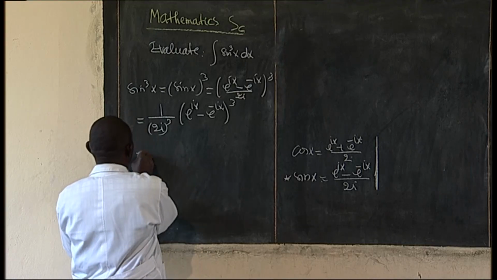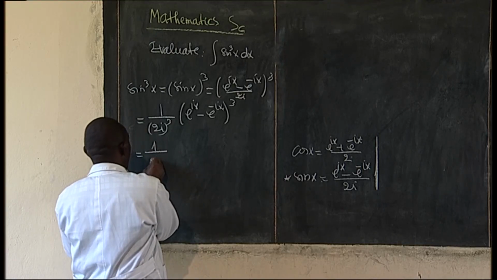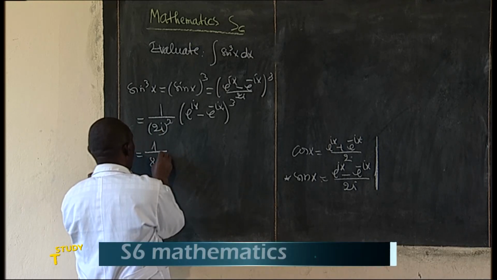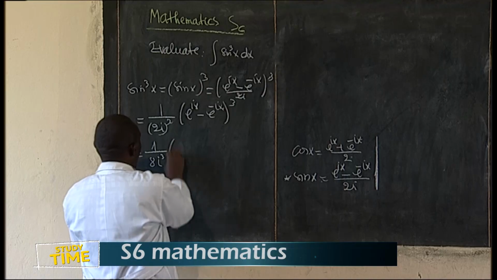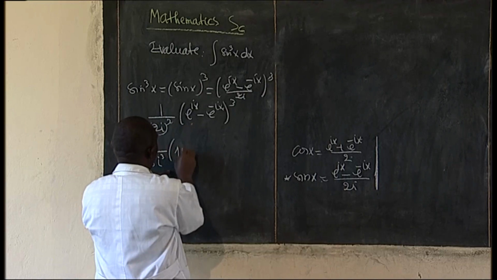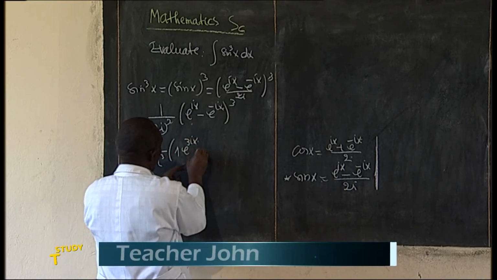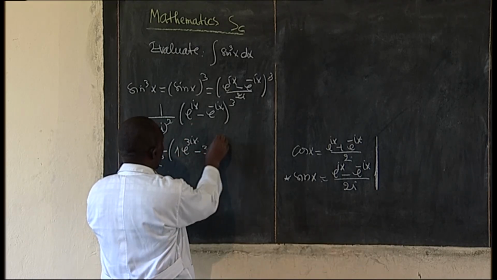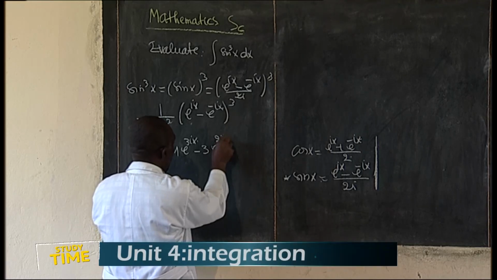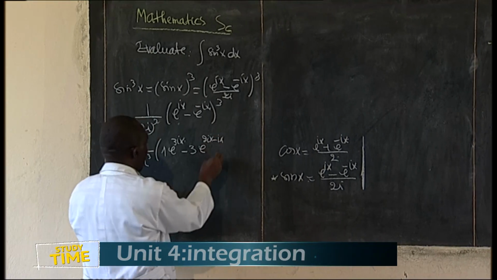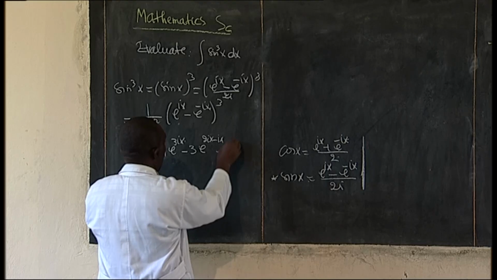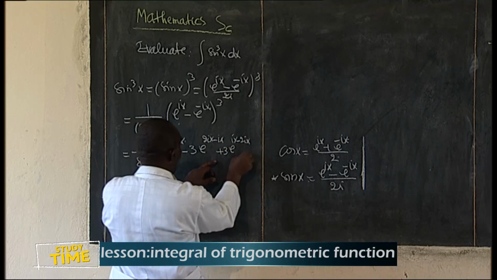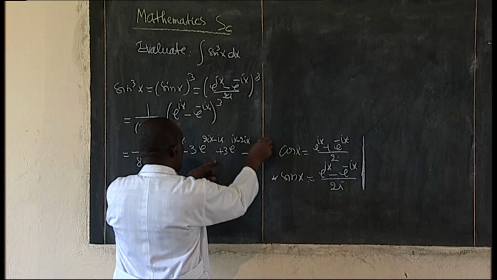So this will be 1 divided by 2 power 3 which is 8, i power 3 is i cubed. And here we have 1 e power 3ix minus, pay attention, 3 e power 2ix minus ix plus 3 e power ix minus 2ix, then minus e power negative 3ix.